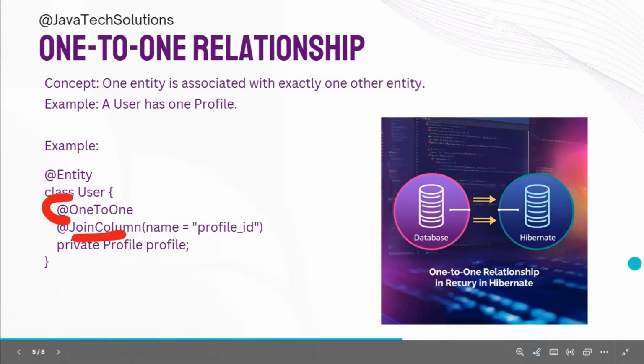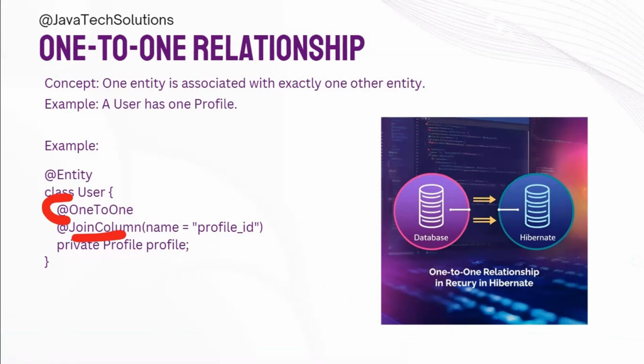So this one-to-one annotation defines a one-to-one relationship. This join column actually creates a foreign key in the user table, and we can use the generated value which will automatically generate the ID, right?